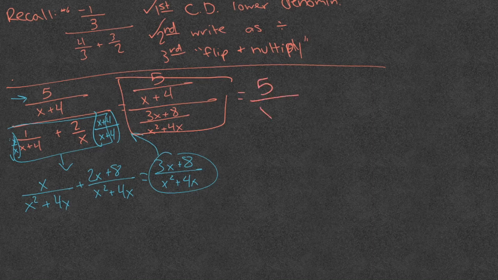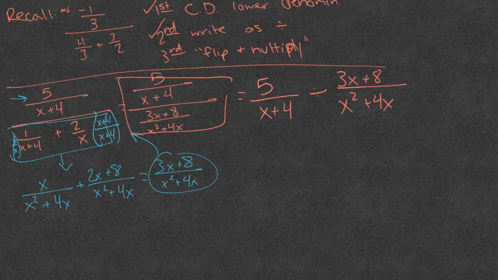Got 5 over x plus 4, and rewrite it as 3x plus 8 over x squared plus 4x. Because a fraction over a fraction is the same thing as a fraction divided by a fraction, fractions are actually division problems. I hope you guys remember me saying that, or prior teachers, but if you didn't, now you do.